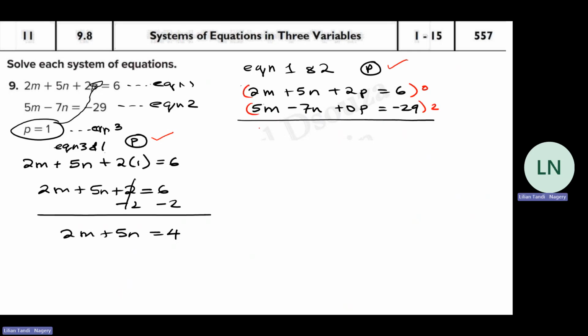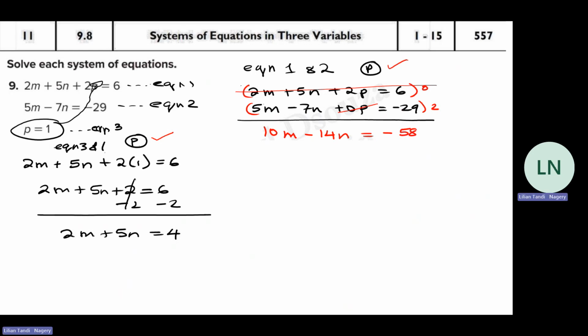So this will be 0, so it will go away. So then I will be left with 5m. No, I'll be left with 10m. I'll be left with 10m minus 14n. 0 will go with p, and then minus 58.